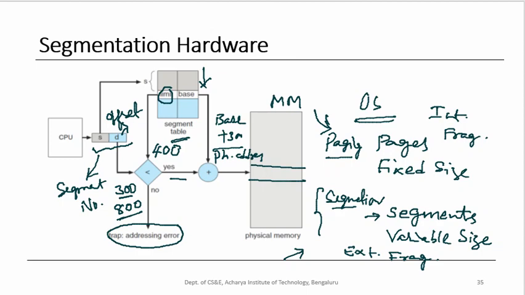Here pages are loaded into frames, and frames are of the same size as the page, whereas in segmentation, as per the requirement of the segment of a process, memory is allocated, unlike paging. These are the differences between paging and segmentation.